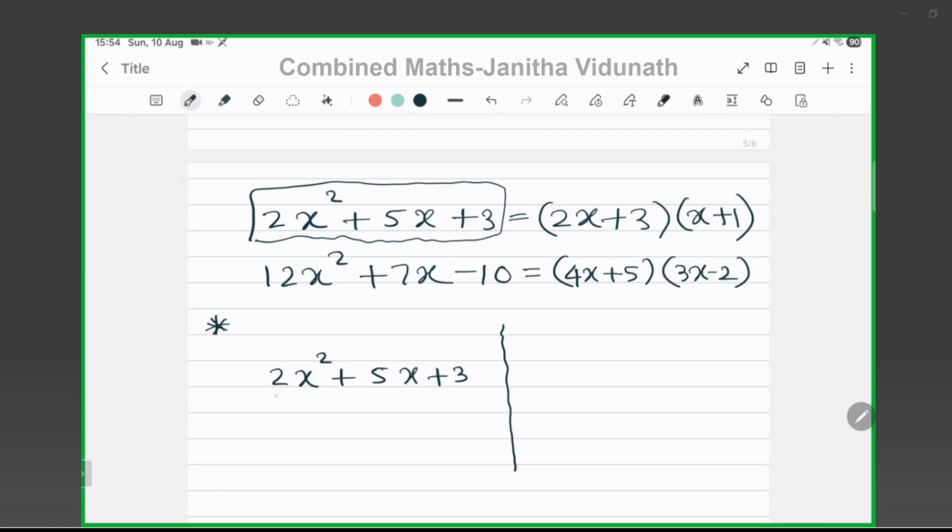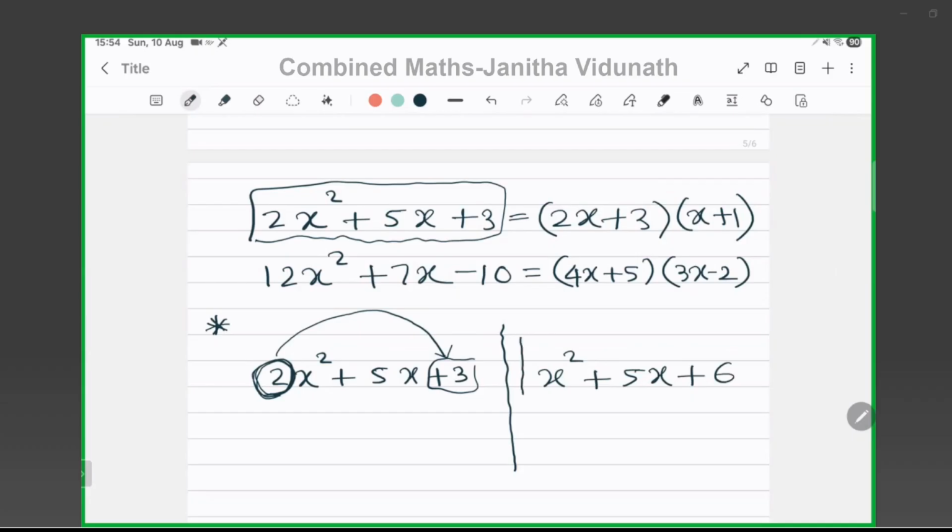Here we simply take this term 2 and multiply it with 3. We remove this 2 and give it to the constant term. Then we get x square plus 5x plus 6.